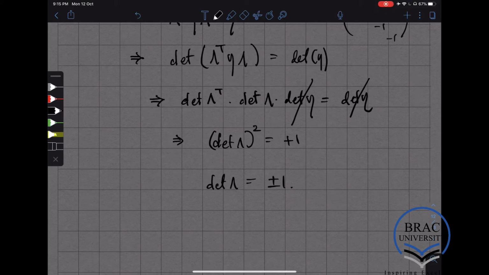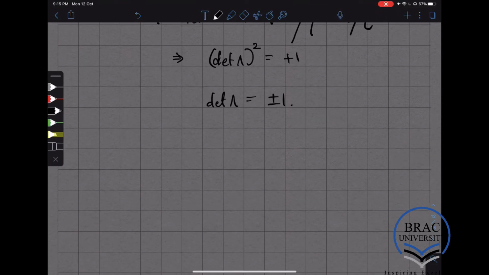So there are two kinds of Lorentz transformation matrices. The first type is where the determinant of those matrices is plus 1, and the second kind are matrices whose determinants are minus 1.